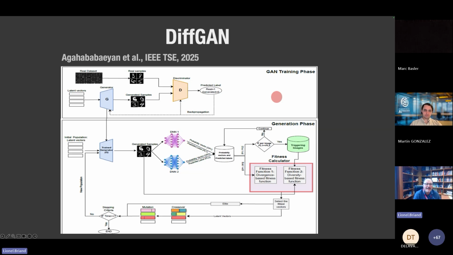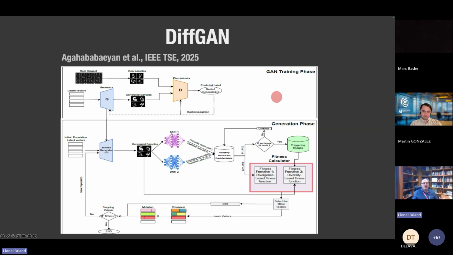So we train a GAN for a given population in order to generate images. We use the trained GAN to generate images that are fed to the alternative DNNs being tested.